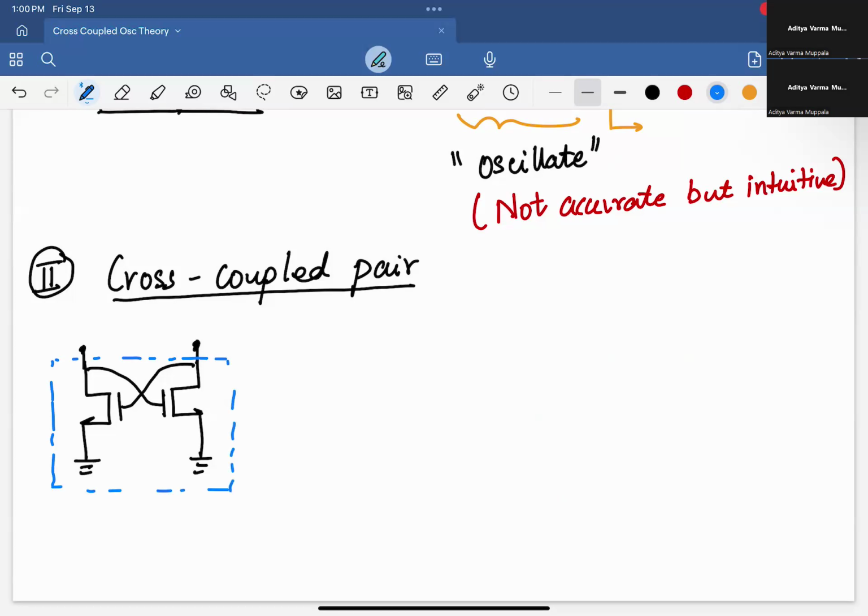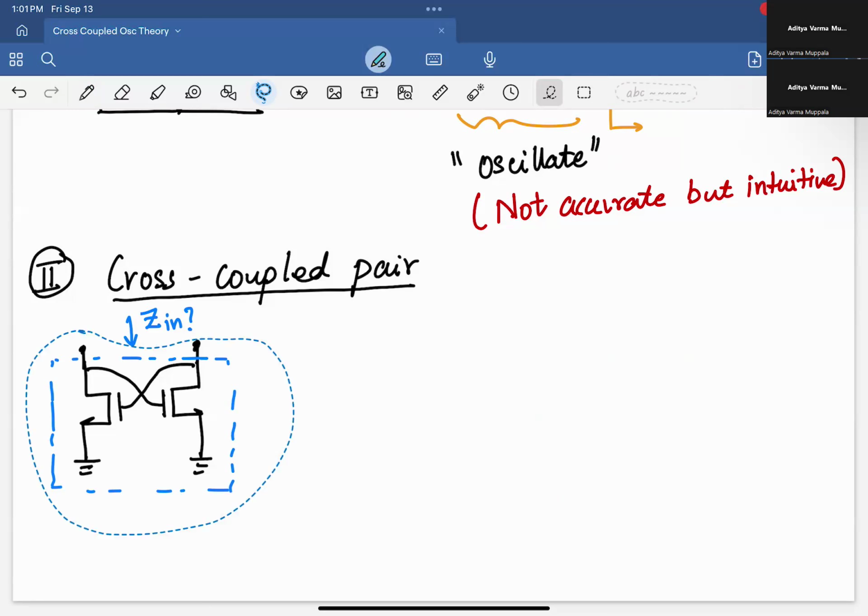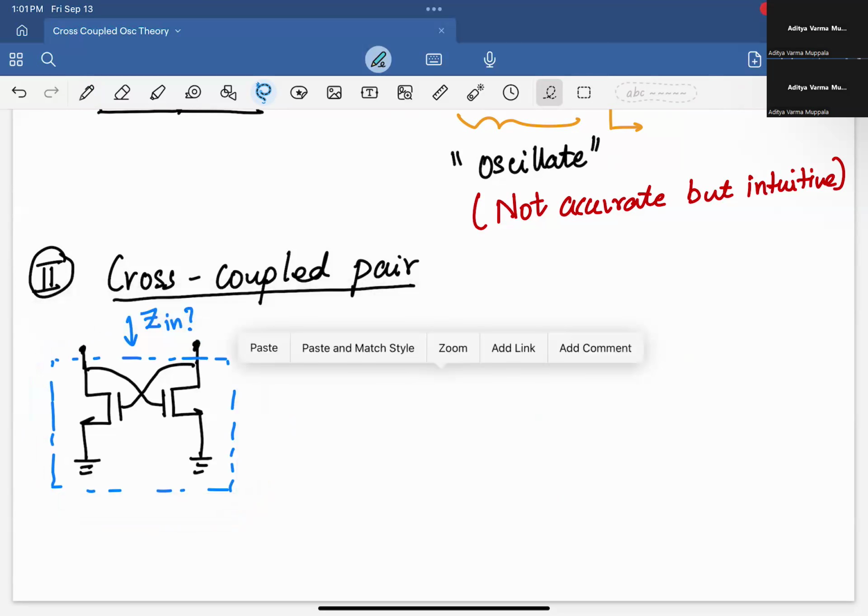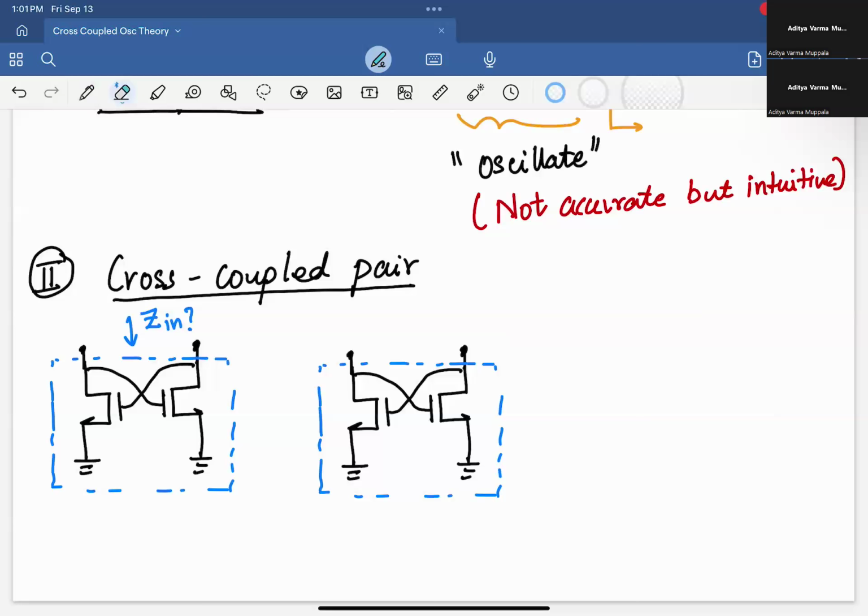So the way to study this is to copy paste this here. And then I can connect a test current source, IT, and then I'll also look at the test voltage.